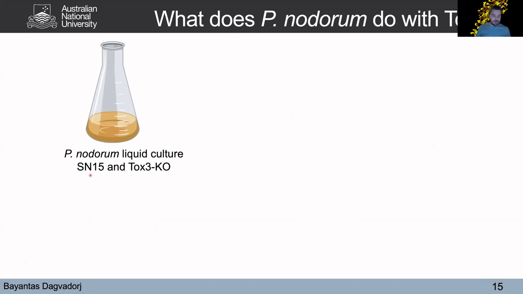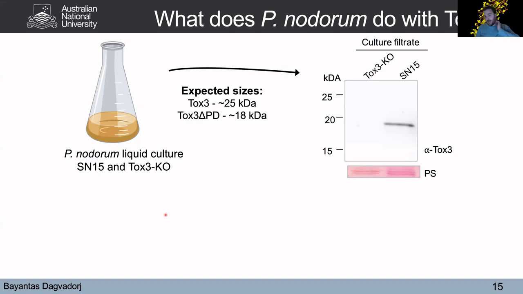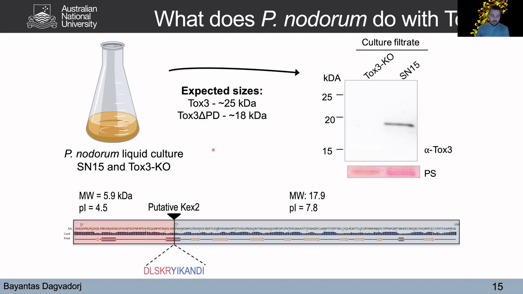So this is SN15 wild type, and we had a tox3 knockout. And then we looked at what was getting secreted, and we actually had antibodies against tox3.